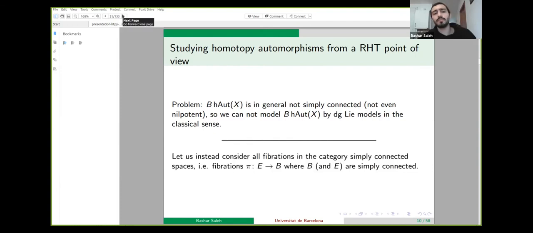Instead of considering all fibrations, let us restrict ourselves to fibrations in the category of simply connected spaces, that is, fibrations where the base space is simply connected. And since we're assuming X is simply connected, the total space will automatically be simply connected. So let us just consider those fibrations.